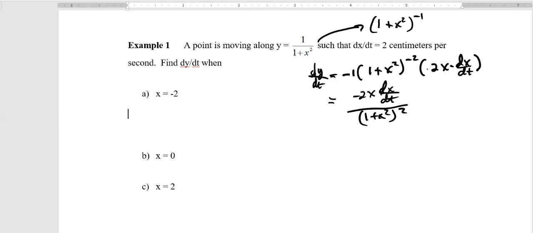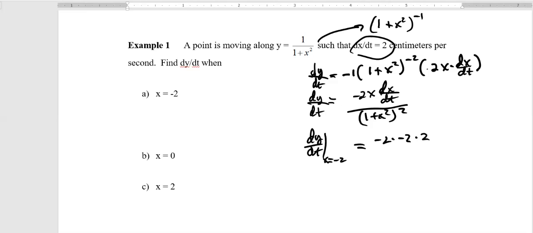So let's write this dy/dt. Okay, so dy/dt when x is -2 is equal to -2 times -2. Now dx/dt, remember, is 2, so that's a 2 up there.